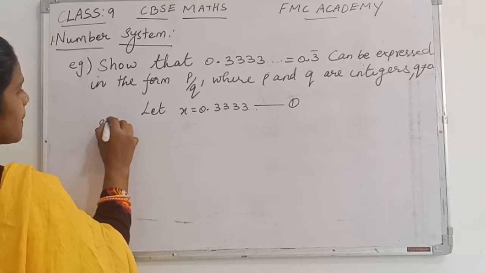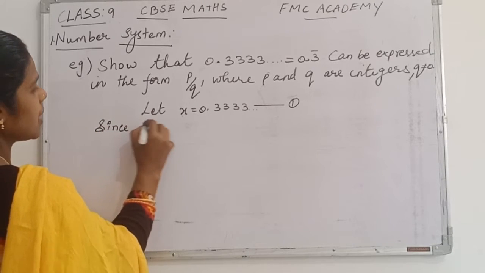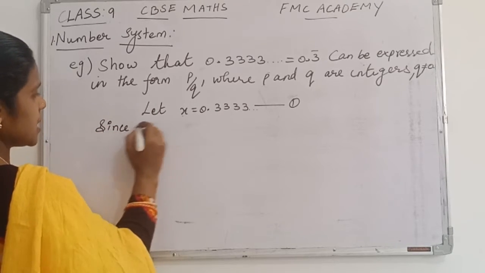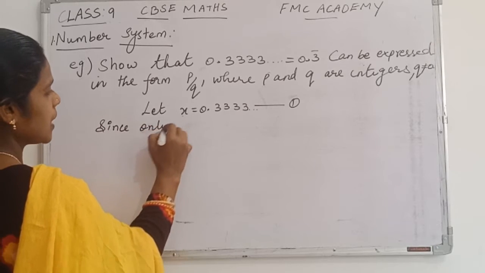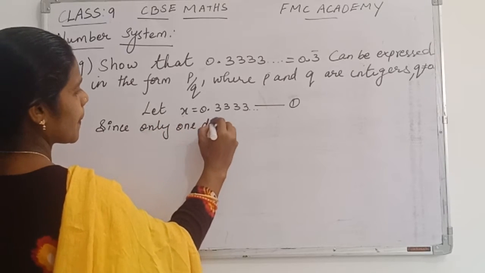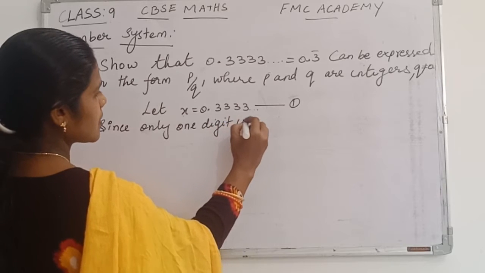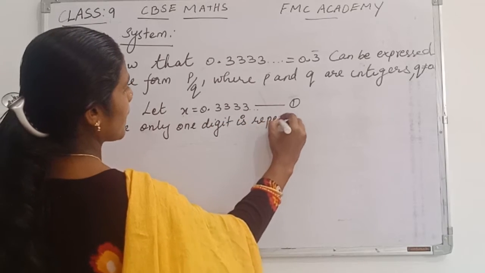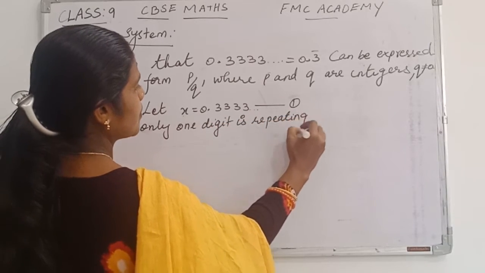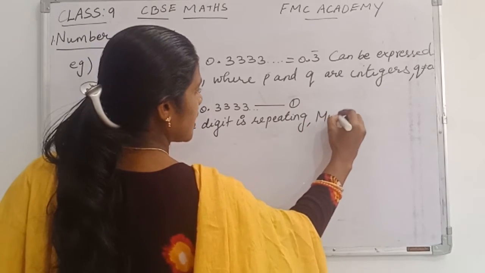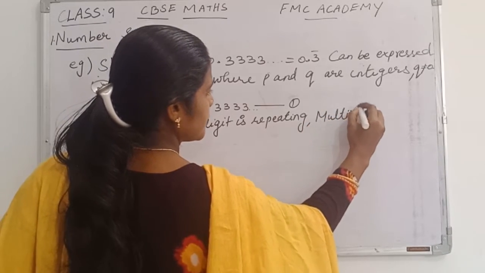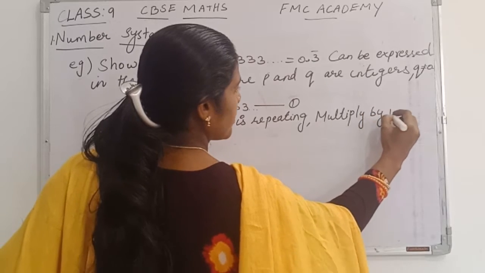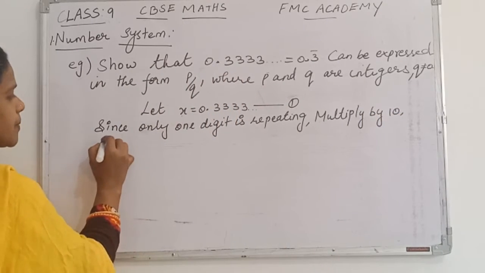Since only one digit is repeating, multiply by 10 on both the sides.